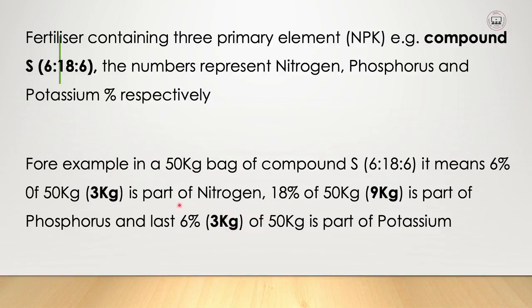It means in terms of weight of the nutrients is only 3 plus 9 plus 3, which is coming up to 15 kgs. So 15 kgs is the weight of the nutrients. The rest, like 35 kgs out of 50 kg, they are just trash.